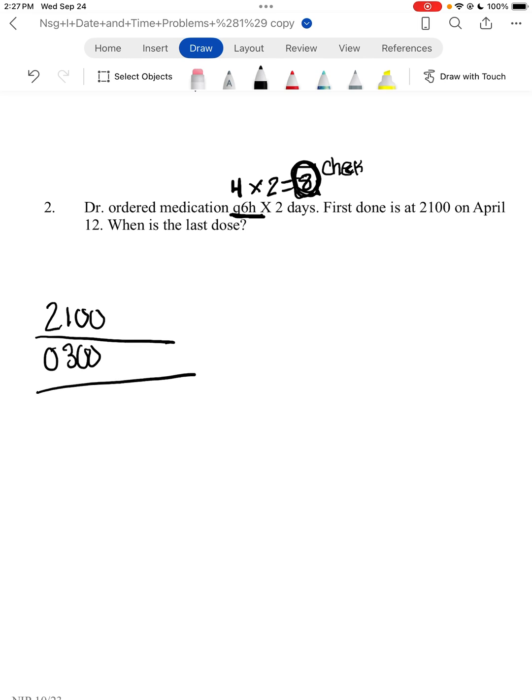And by this, that's how many times we're going to need to find it. Because remember, 6 times 4 equals 24, so we need 4 of the times. So we need 2 more.